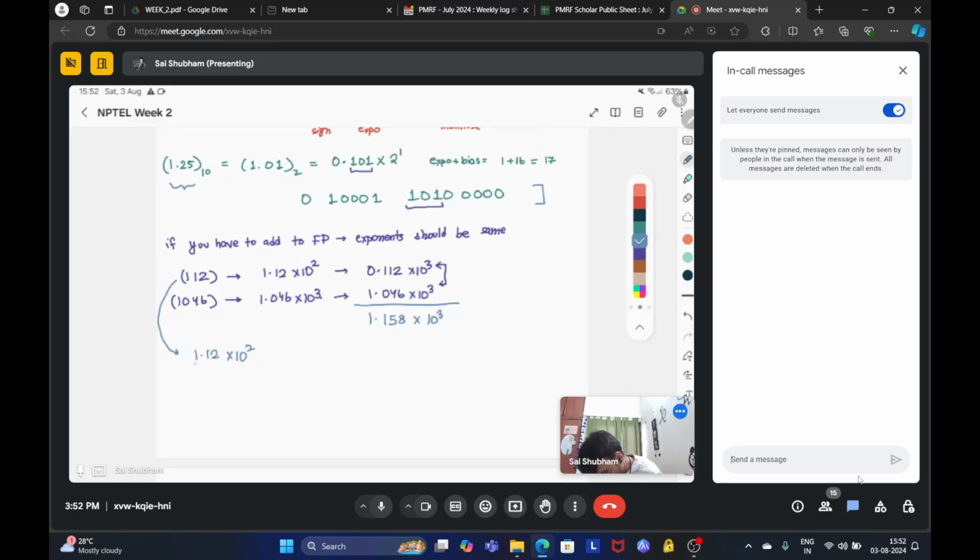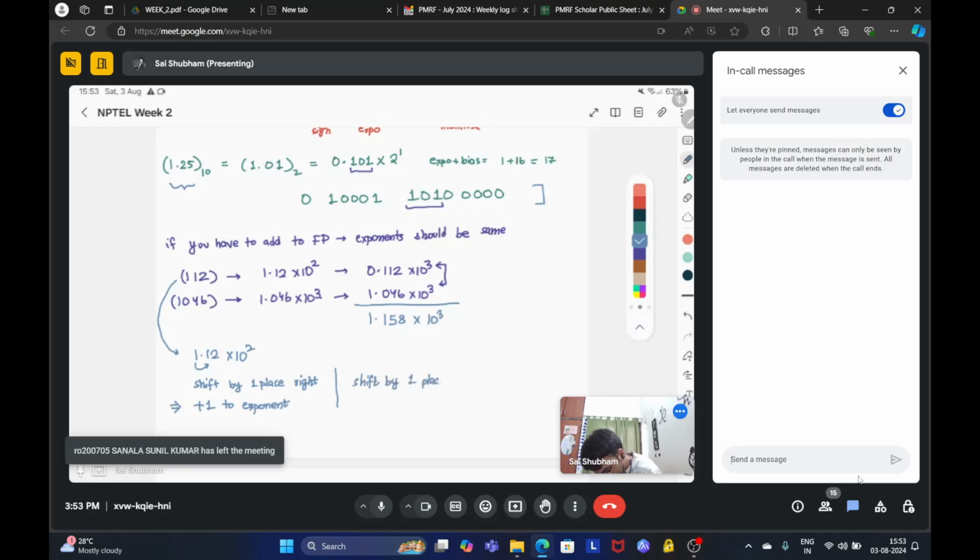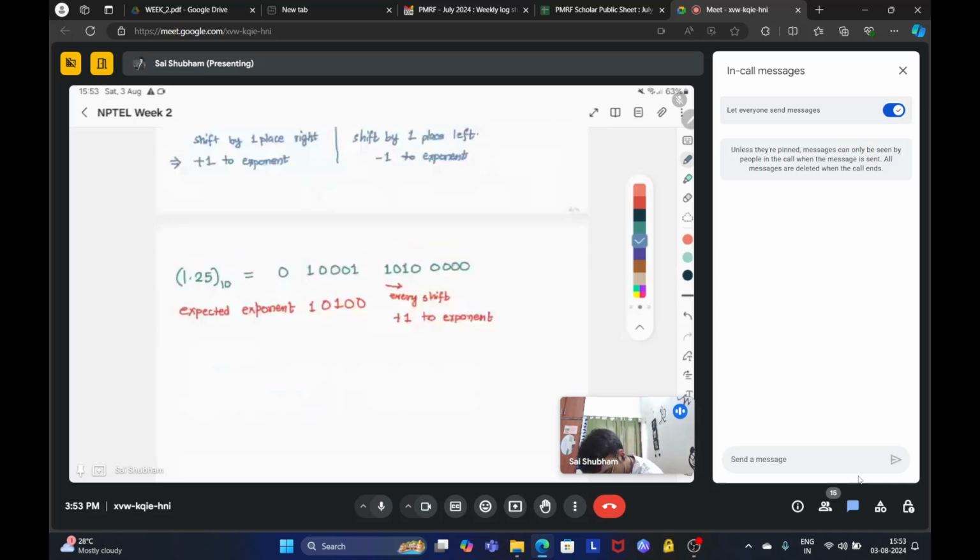If I have to shift the number towards the right of the decimal, if I shift by one place, I will add plus 1 to the exponent. Right. If I shift by one place left, minus 1 to the exponent.